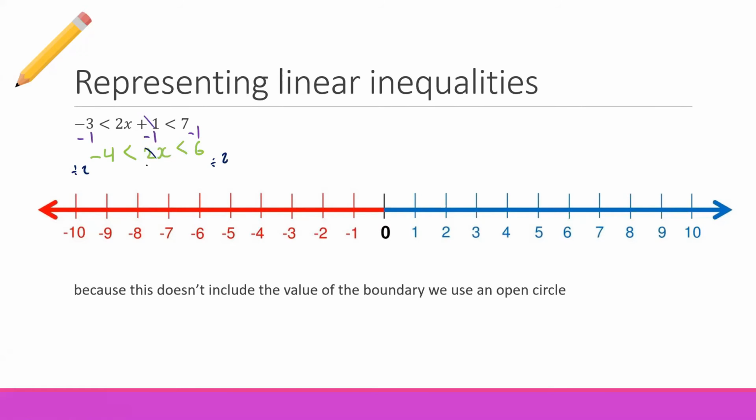So first I divide the -4 by 2, which gives me -2. Then I divide the 2x by 2, that brings me to x. And then I divide the 6 by 2, which gives me a 3. So that gives me the final equation: -2 is less than x is less than 3.